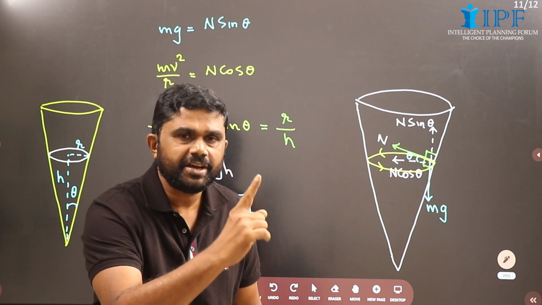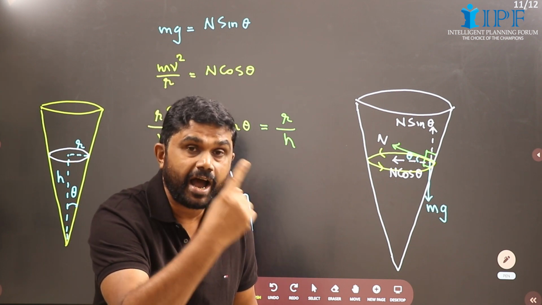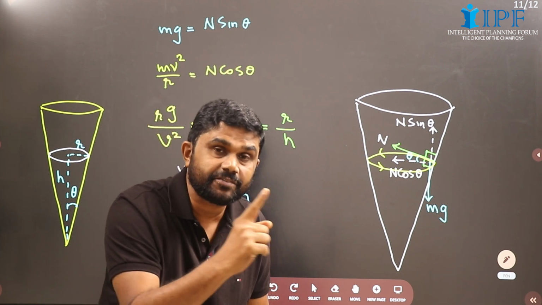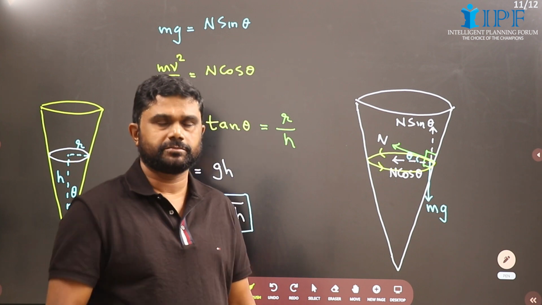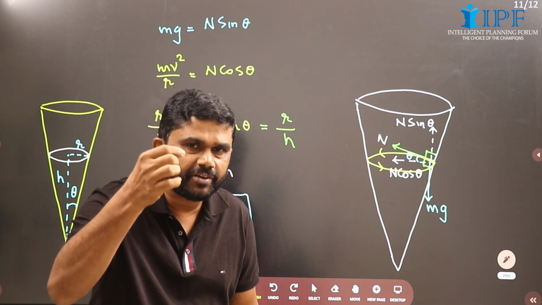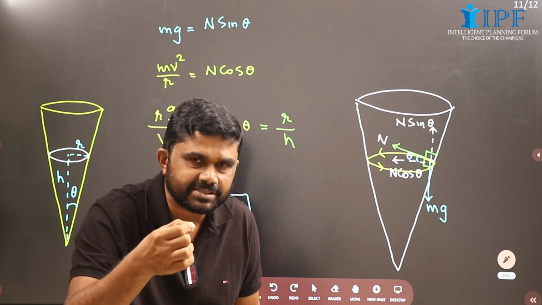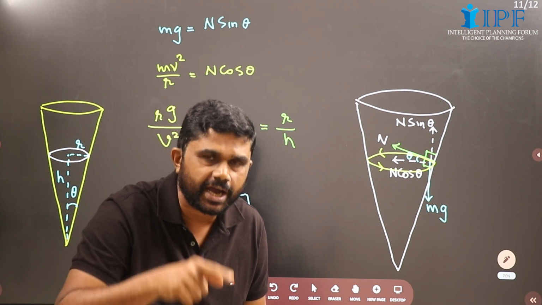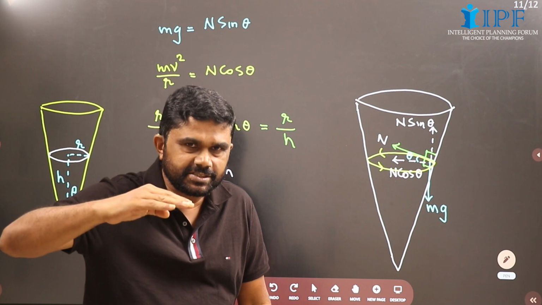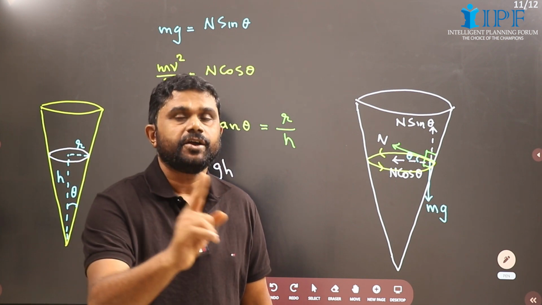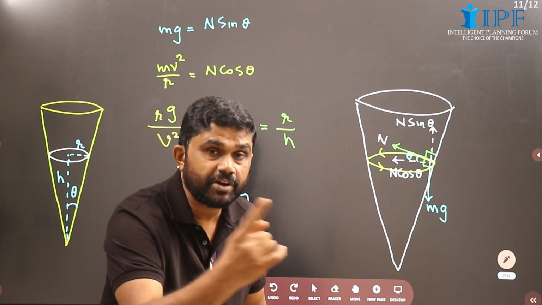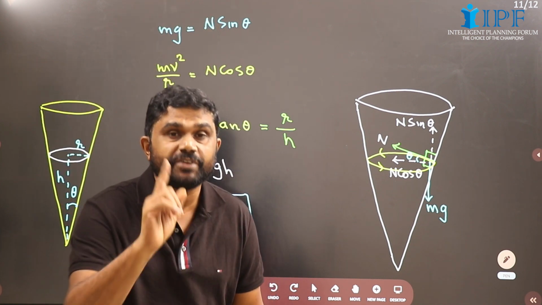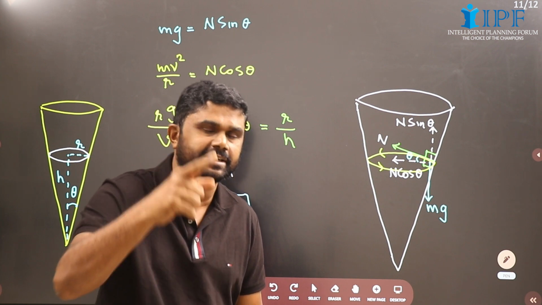When the speed increases, it will have a tendency to move up. When the speed decreases, it will have a tendency to slip down, or to reduce the height. When velocity decreases, height decreases. When its velocity increases, it will have a tendency to move up. Means when the velocity increases, height increases.